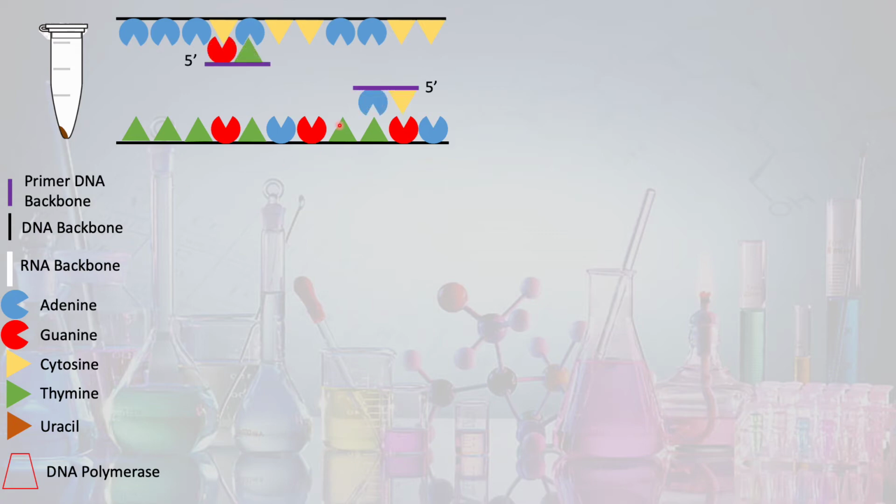So here come our specific primers. So our specific primers anneal to the two separate strands of DNA. And again, because these are specific to our gene of interest, they don't randomly bind to other portions of DNA floating around. We're selecting for our gene of interest.